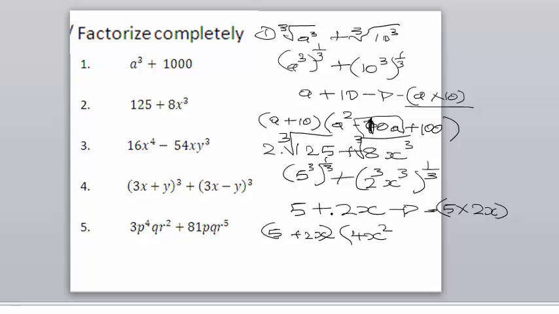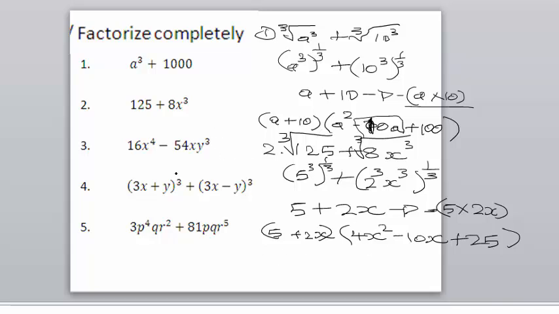Remember, I said for the middle number, 2 times 5 times 2x is 10x, so this will give me negative 10x. And then lastly, I am going to square this, which clearly will give me a positive 25. And that's how you answer the question.